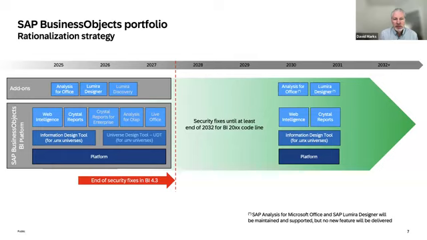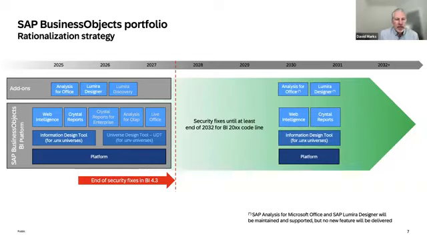So only UNXs. Activities to prepare for 2025 include looking at your environment and making sure that you have the content that you want into 2025 identified or converted. So converting all your UNVs to UNXs, converting all your Web Intelligence documents that point to UNVs.